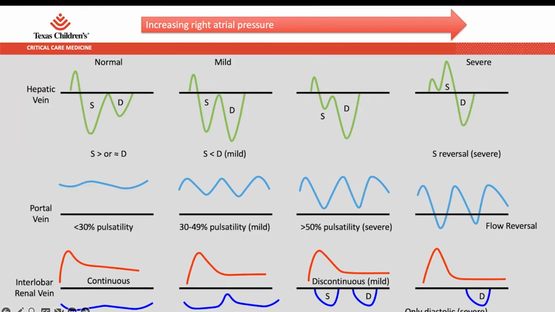As pressures in the kidney and on the parenchymal side increase, we get to see that pressure transmitted more and more, and the S and D phases of venous flow become discontinuous in mild dysfunction. As that progresses to severe, we lose the S wave and we only see the diastolic wave.